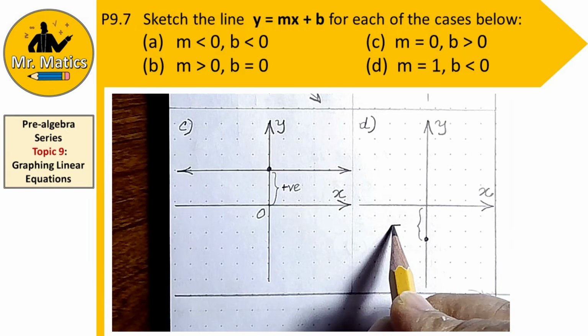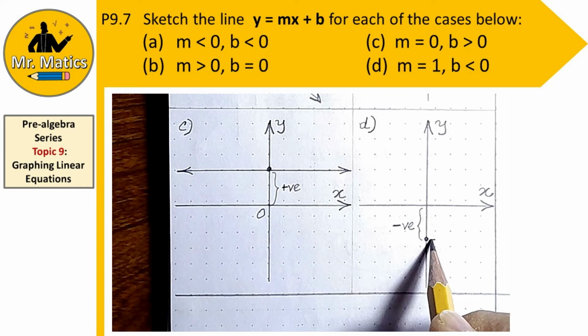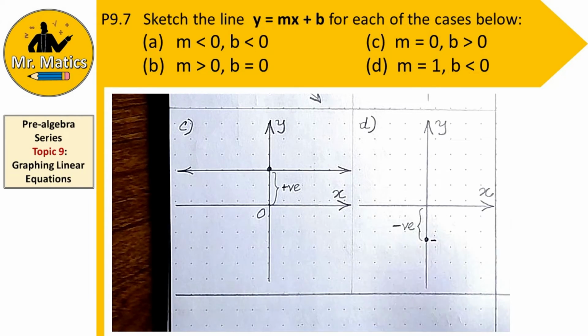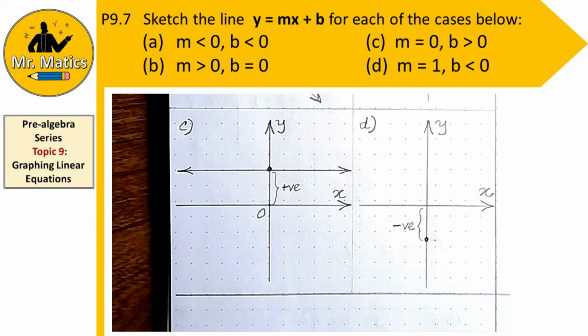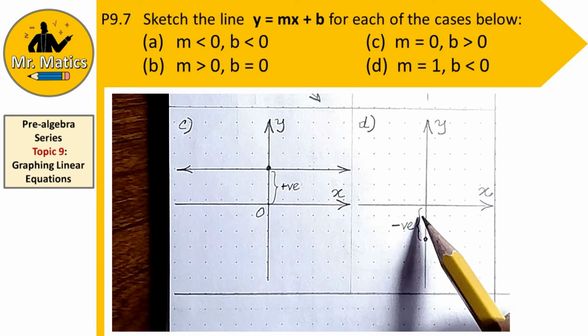So this is a negative value. We will not mark it because we really do not know what that value is. So let's not mark it. But this is a negative value and its value is b.